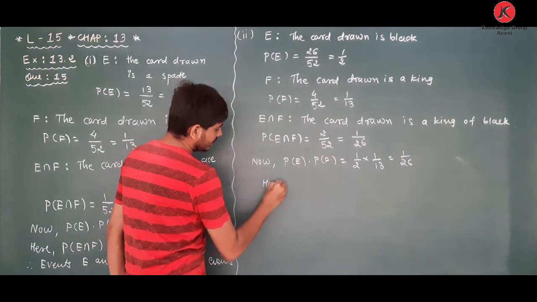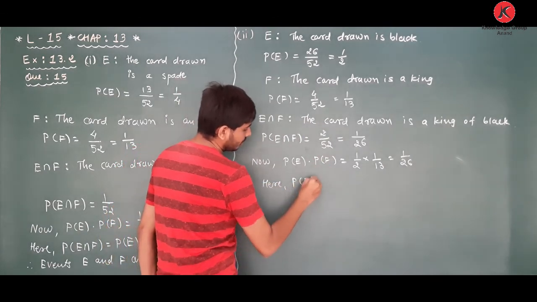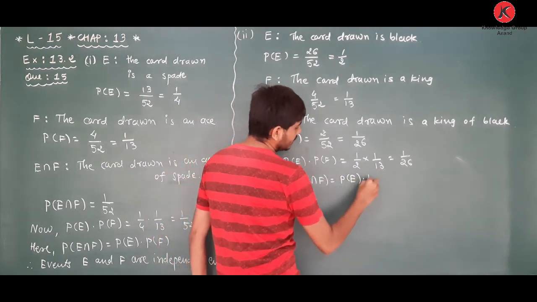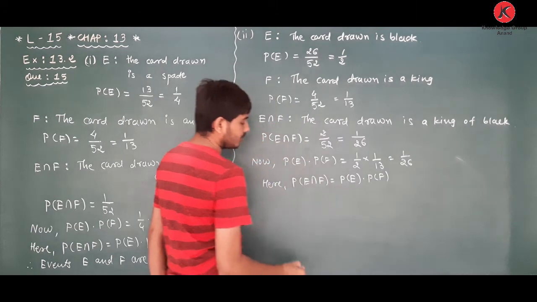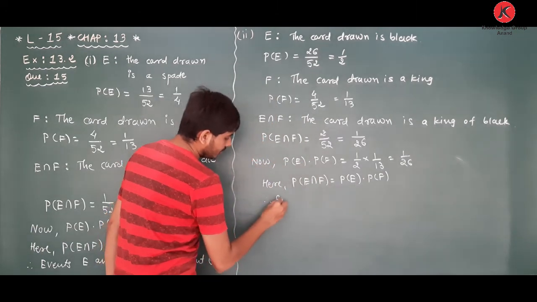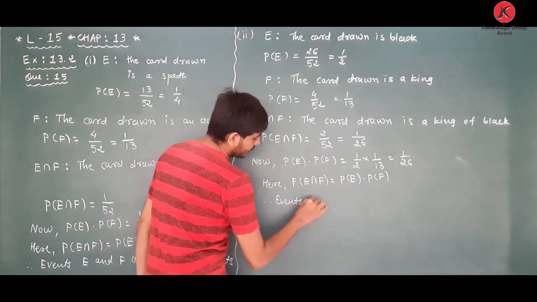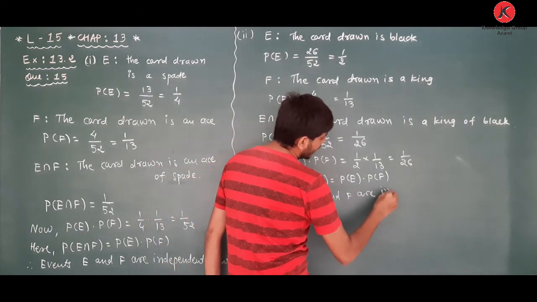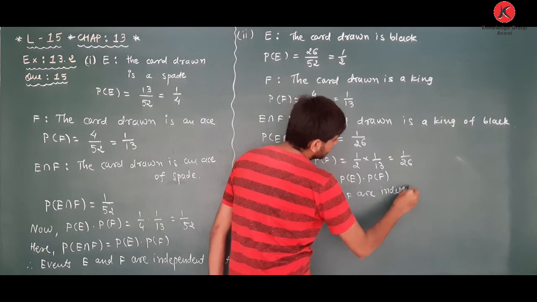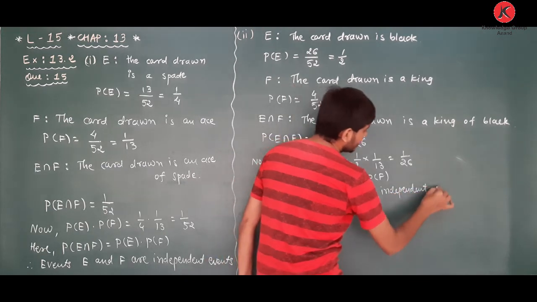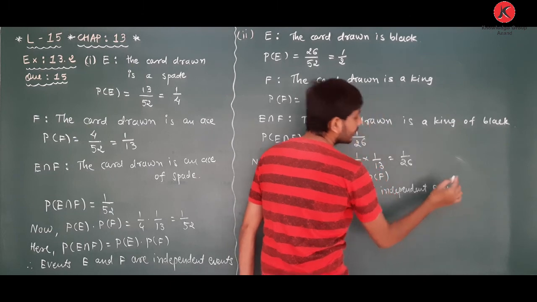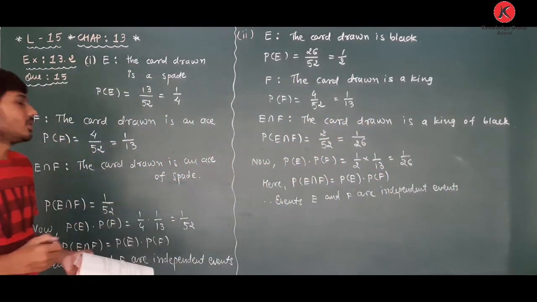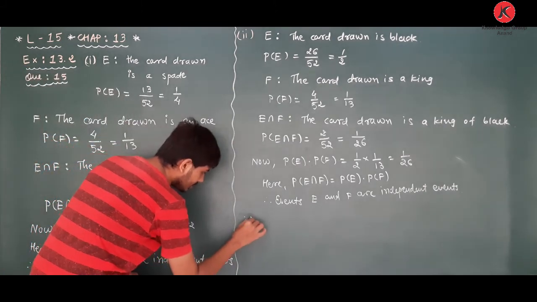Therefore the probability of E intersection F is equal to the probability of E into the probability of F. So events E and F are independent events. Clear? This is how you can calculate. The third case is also here. The events are given.